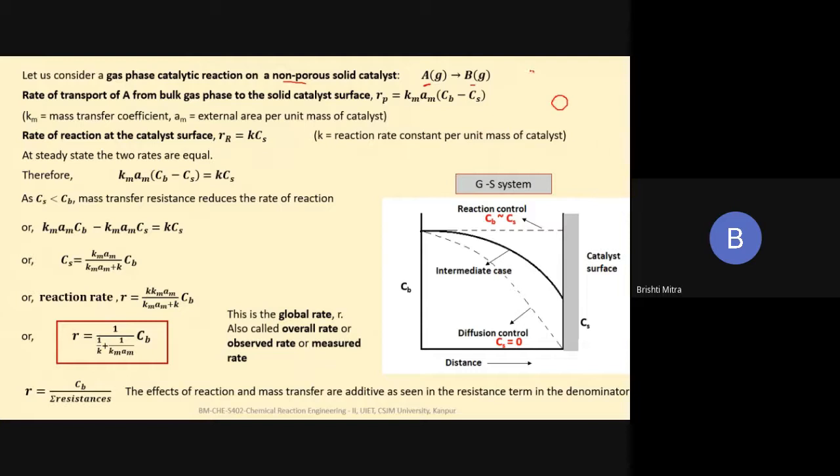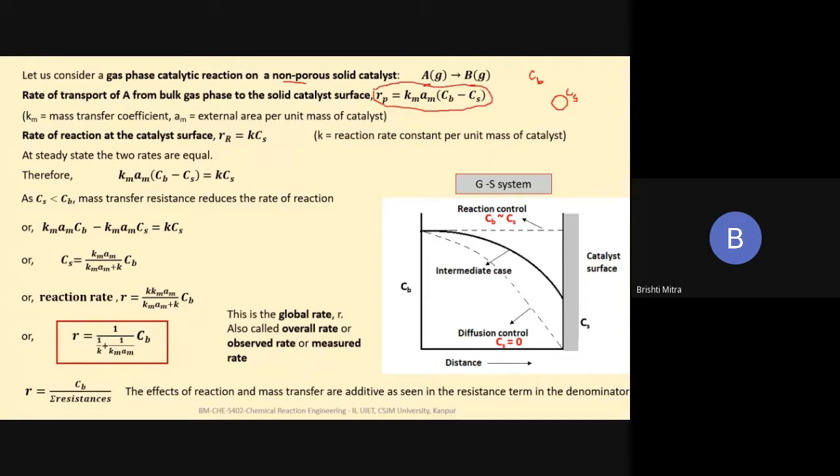So the first thing that we have is a bulk concentration of A, which is known as Cb, and when it reaches the surface, it becomes the surface concentration, that is Cs. These are all concentrations of the reactant A. Now, the rate of transport of A from the bulk to the solid catalyst surface can be given as Rp is equal to Km into Cb minus Cs.